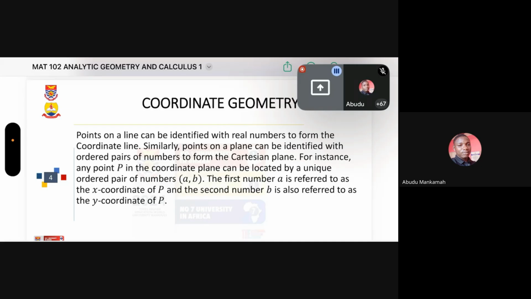So when you see maybe 1, 2, it means that the 1 is on the x-axis and the 2 is on the y-axis. When you see 2, 1, my 2 is on the x-axis and my 1 is on the y-axis. So that's what I said, it is an ordered pair.